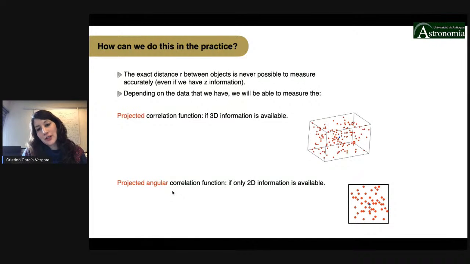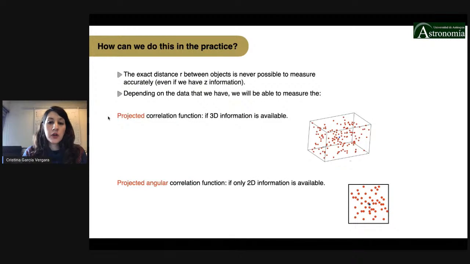We usually have only 2D positions because getting the redshift of the sources is really hard and expensive in terms of telescope time. Then normally we only have the 2D information. But even in that case, we can anyway measure the clustering of the sample. Then I will talk about two different correlation functions that are used normally in astronomy.